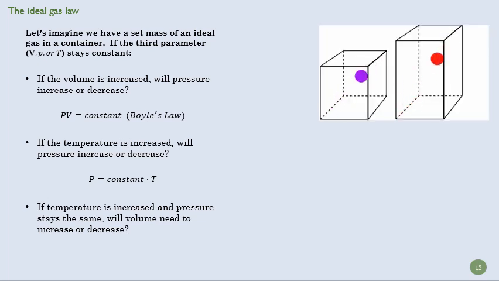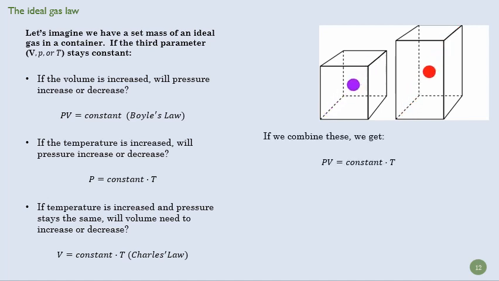And here we can see that our red molecule here is moving more quickly, but we can create the same number of collisions with the surface if we make that volume larger. And that is called Charles' law, where V is equal to a constant times T. So volume and temperature go up together.